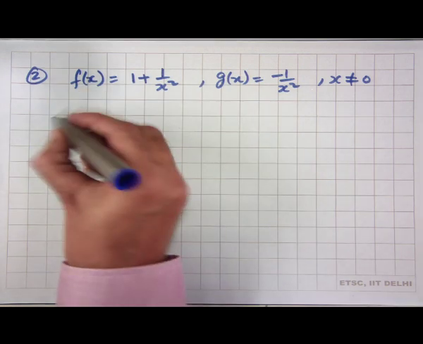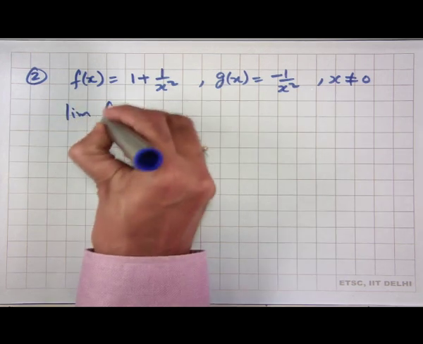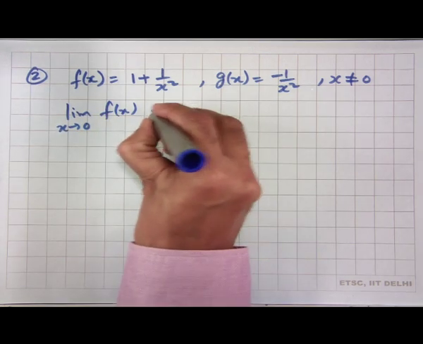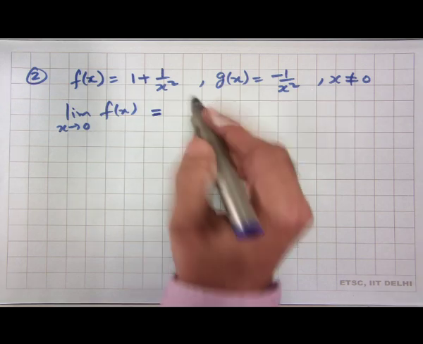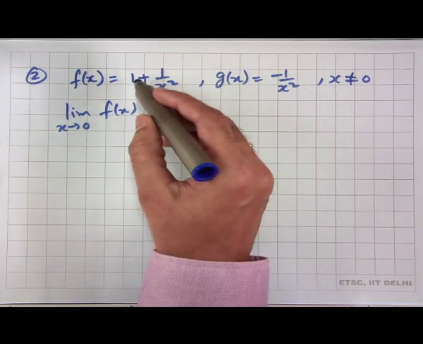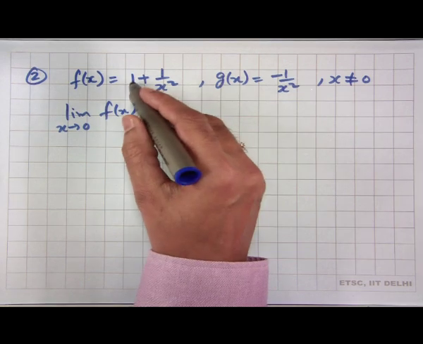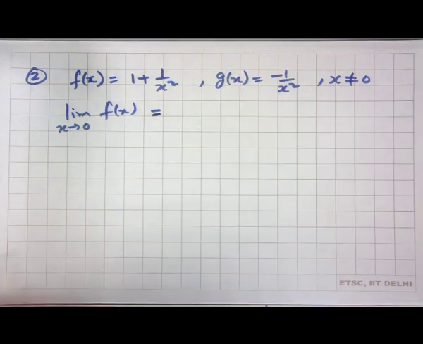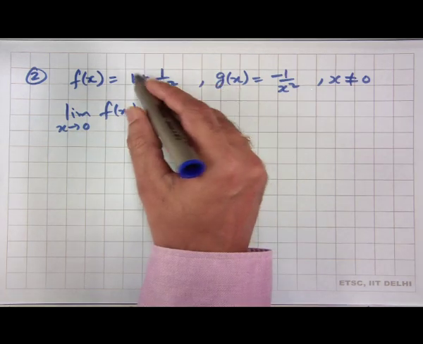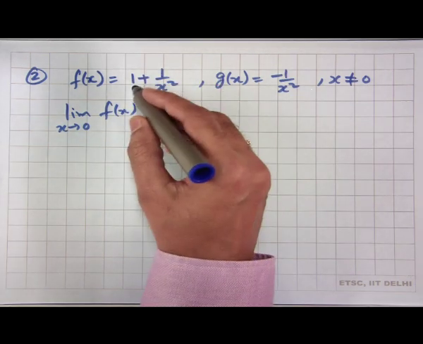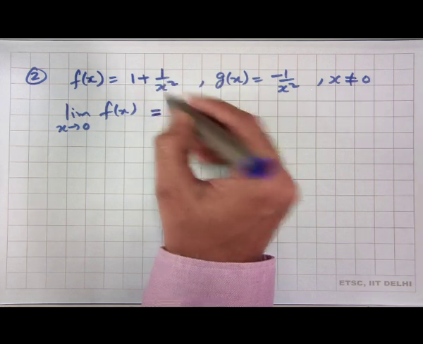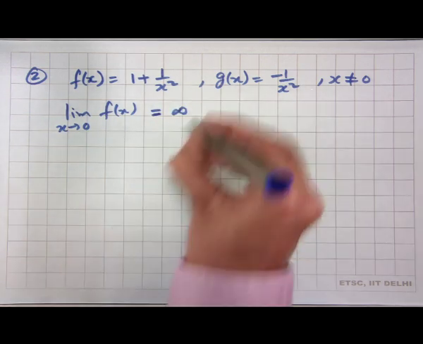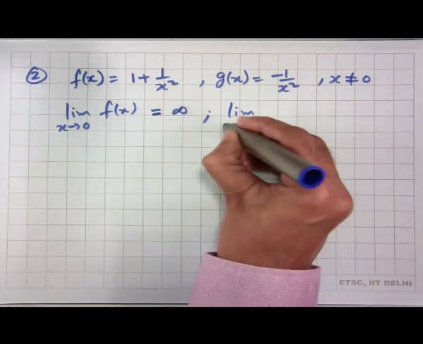So, if we look at the limit of f(x) as x approaches 0, this is again the limit of the first function, 1, plus the limit of 1 by x square, which is infinity. We have seen that if the limit of one function is a real number and another goes to infinity, then the sum is again infinity. So this is equal to infinity.